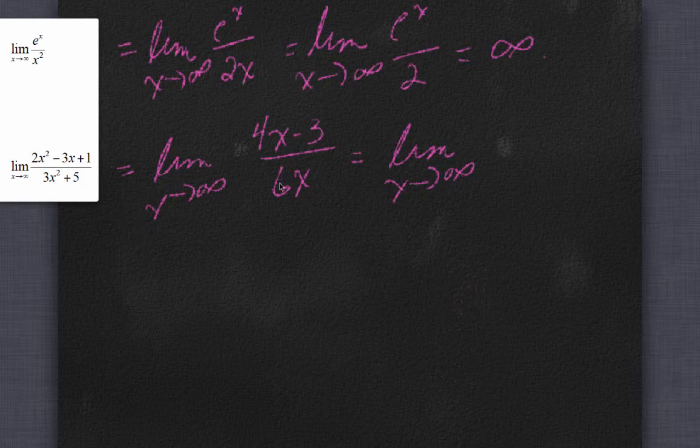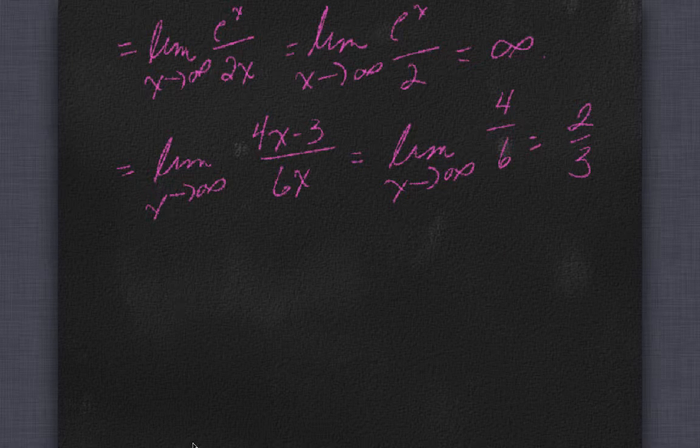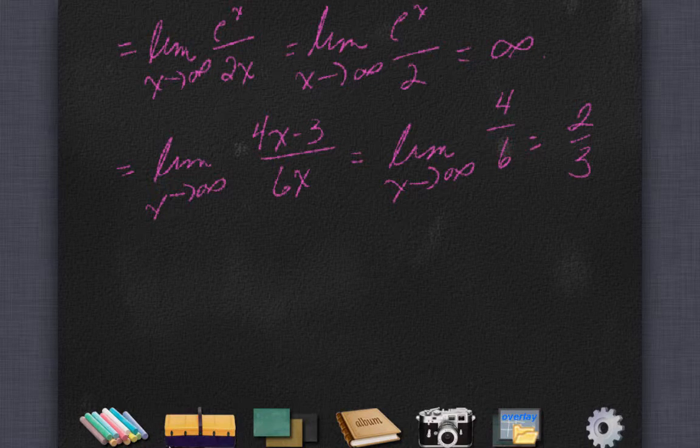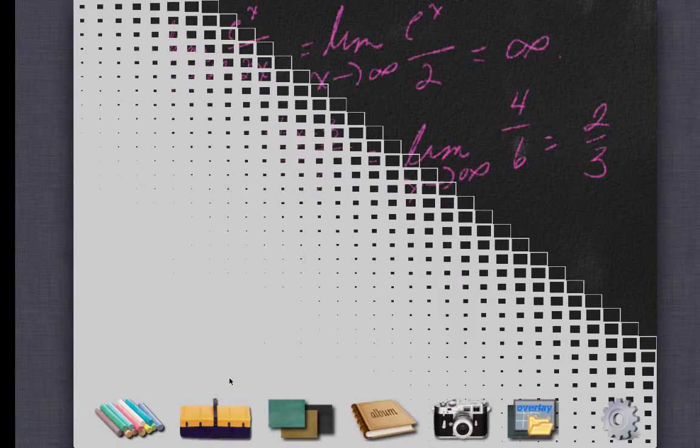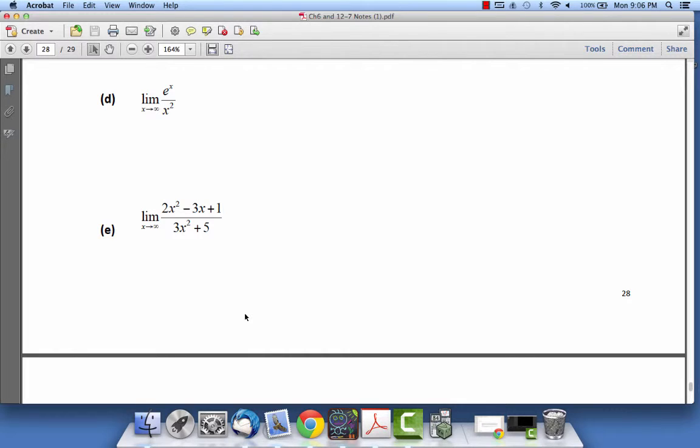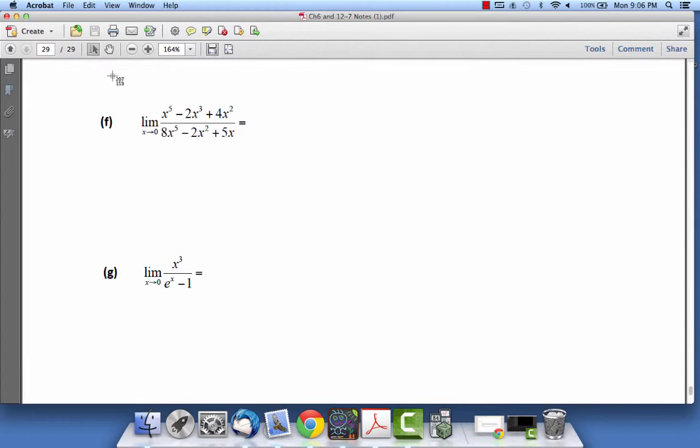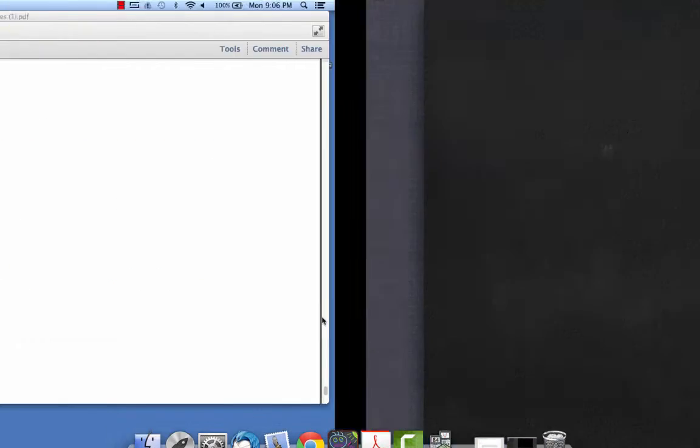You get infinity over infinity again, so okay, so if I plug in 0, that's a bunch of zeros, so I get 0 over 0.